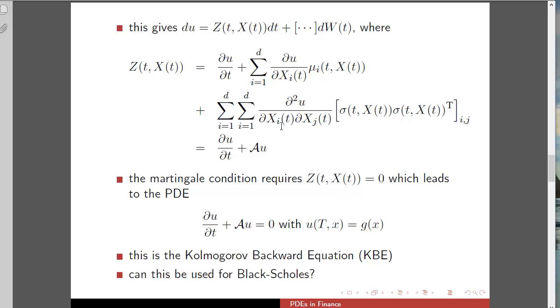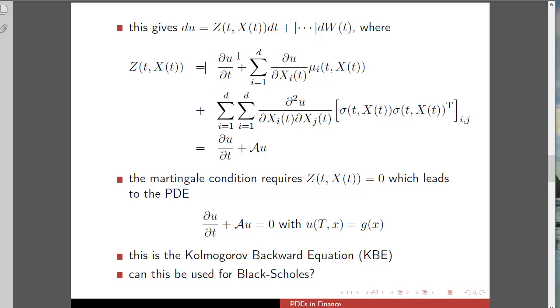We establish some auxiliary process z, and this is basically the result from the Itô lemma that I explained to you earlier.